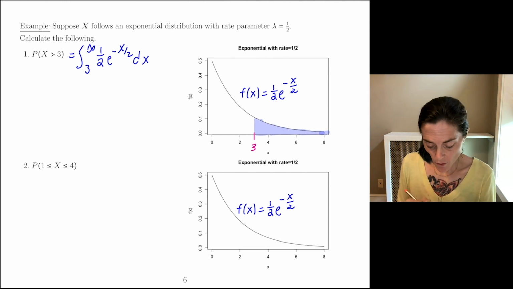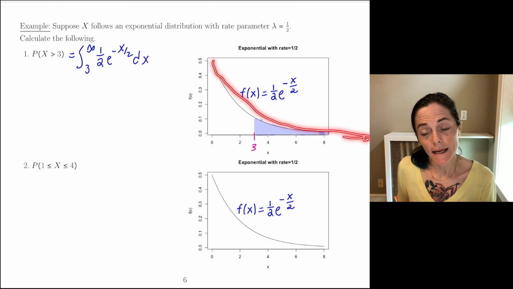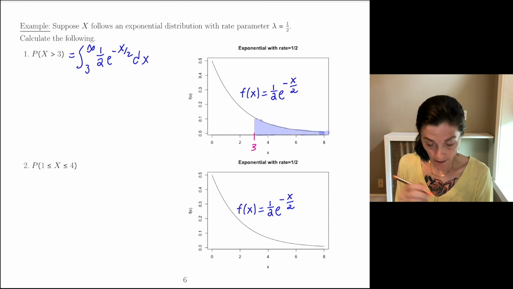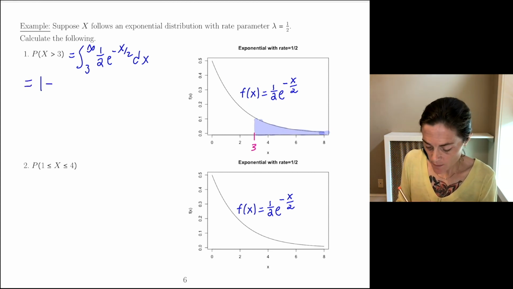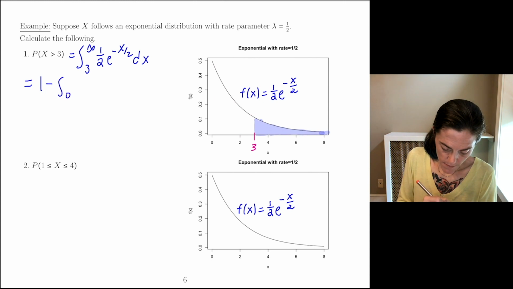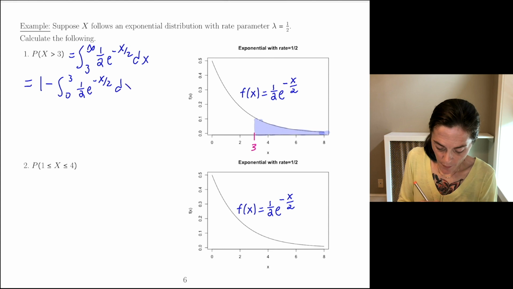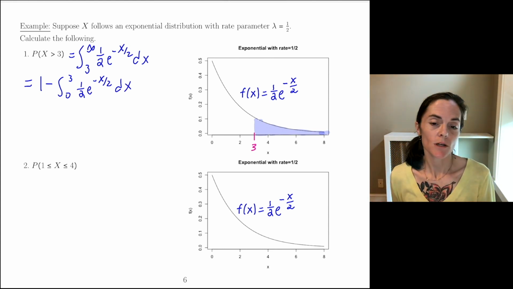Now, we also know the total area under the curve is 1, so you could take 1 minus and then just subtract off this part, which is the integral from 0 to 3. So I think I'll do it this way, so I don't have to worry about an improper integral, but then I'll also mention how we could use a cumulative distribution function.